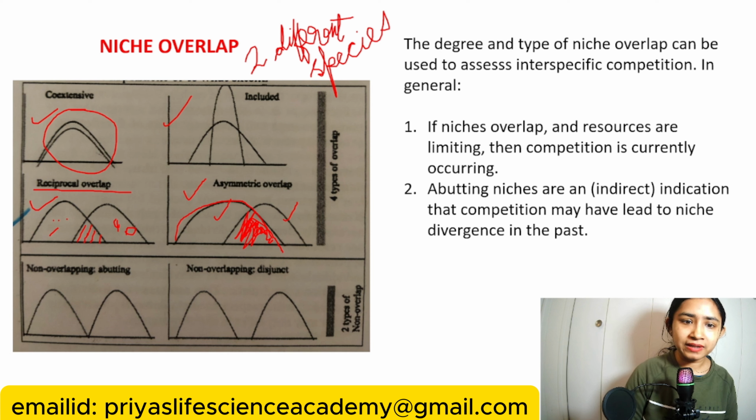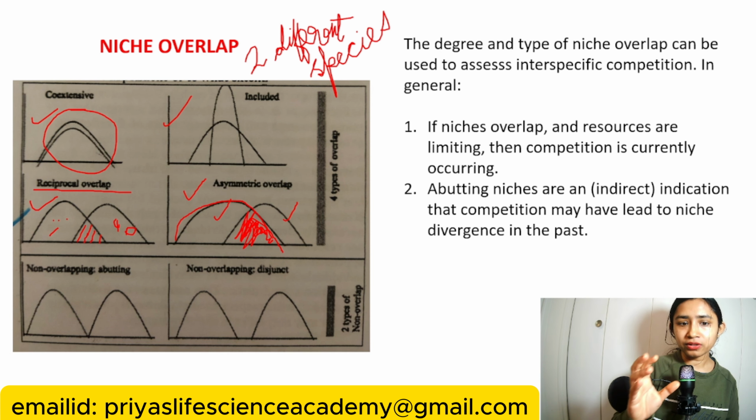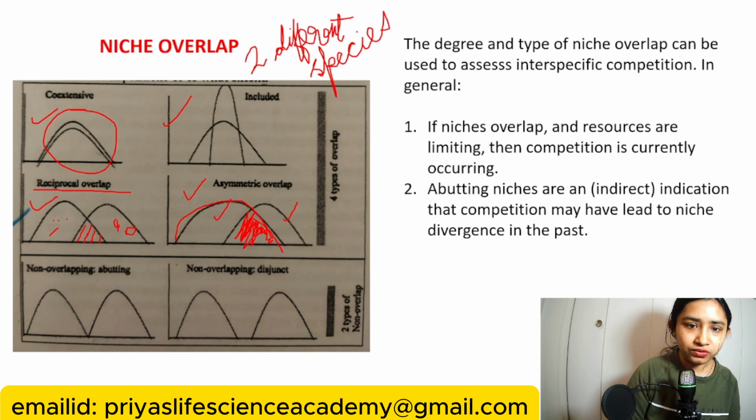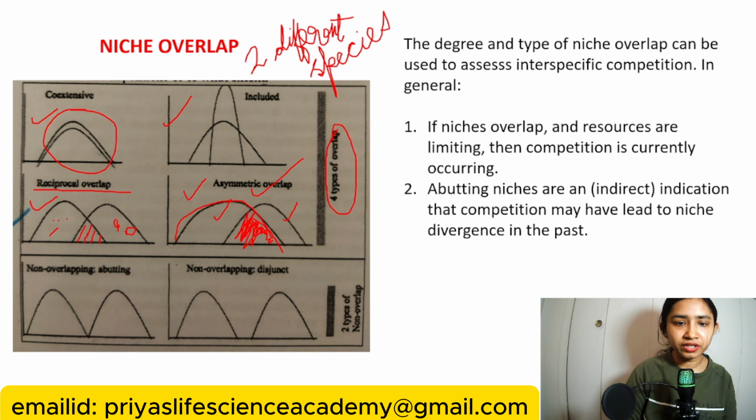And asymmetric overlap is where they both have a common resource, but it is not mutual for both species. One species is utilizing much of the resource of the second species, but the second species is not doing so. So this is the 4 types of overlap, and asymmetric overlap often gives rise to interspecific competition.